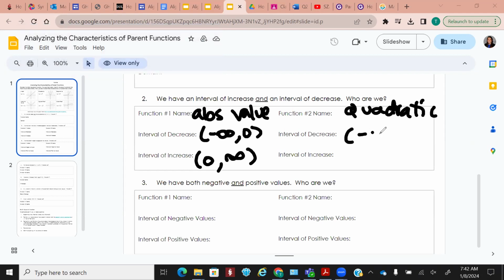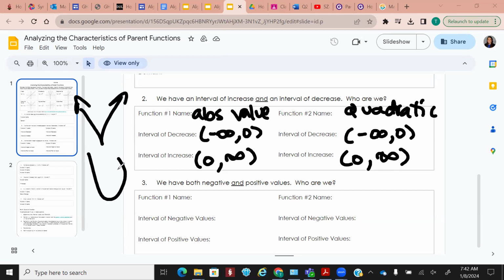Are there any questions about how I got that? So absolute value is that V shape, and then quadratic is that parabola. So remember, it goes down and then it goes back up. You're telling me when that happened. That's from negative infinity to 0, and then from 0 to positive infinity. So that's how I got those things.